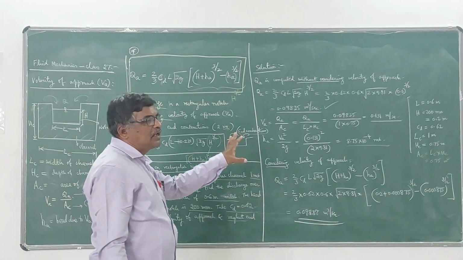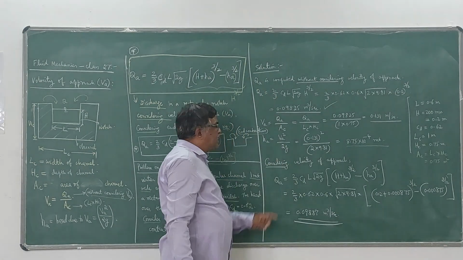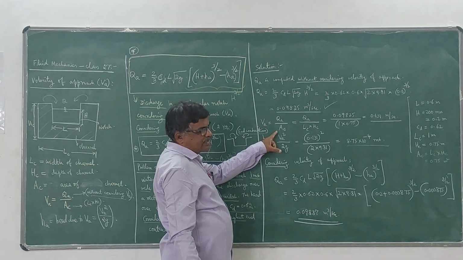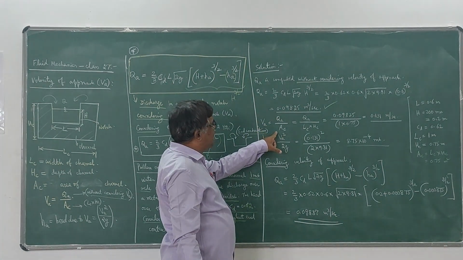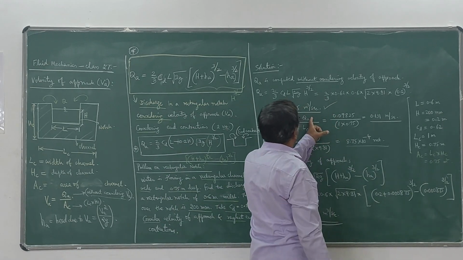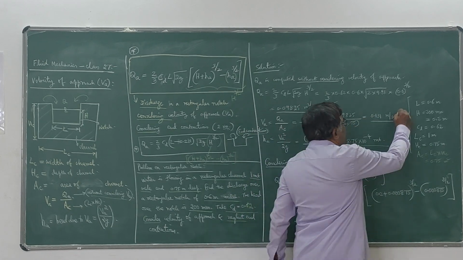This is without considering velocity of approach. Now, once we get the value of QA, calculate the velocity of approach VA, which is QA by AC. Whatever discharge you have got here is divided by the area of channel. The area of channel, once again, is LC into HC. If you simplify, you get 0.131 meter per second.